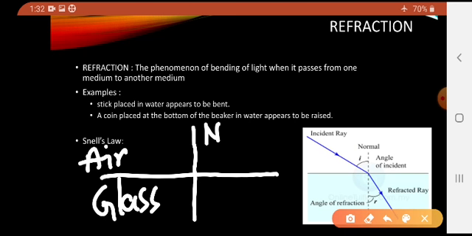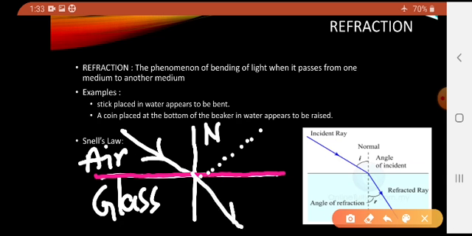Now the ray is coming from the source in air and is incident on the surface which separates the two mediums, air and glass. Some of the ray bounces back and some of the ray enters into the second medium. This incident one is taken as the incident ray. This ray bends at the surface. This bending property is called refraction.